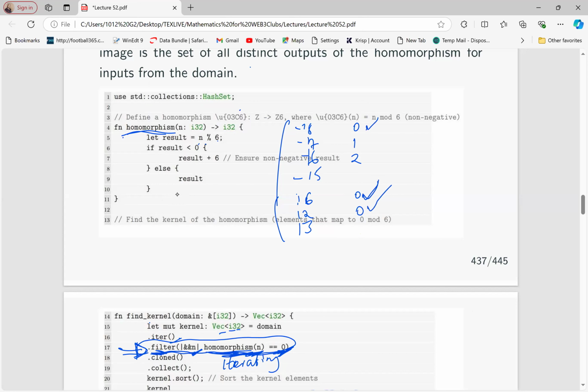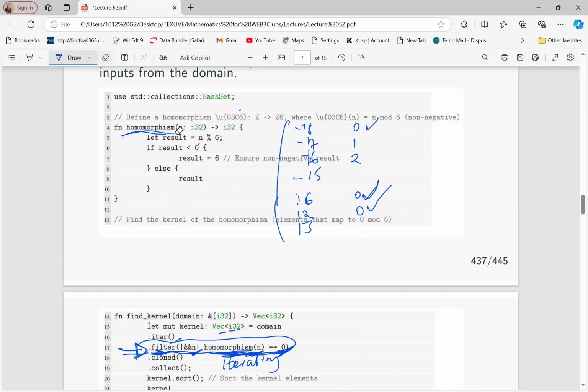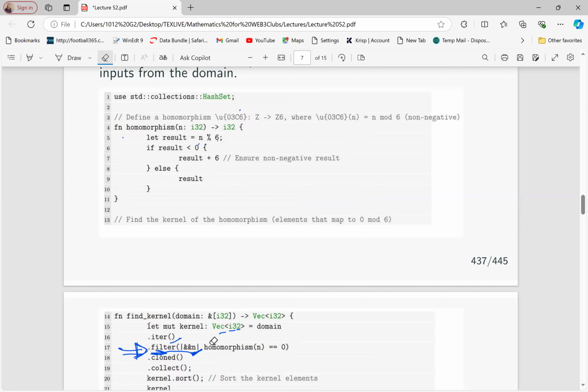Filter those ones. That's what filter means. The first bit had done some work for us. It had divided by 6, 6, 6, 6, noting the remainder. So when you come to filter now, it goes back and checks those which gave us 0. That's what I mean by filter.